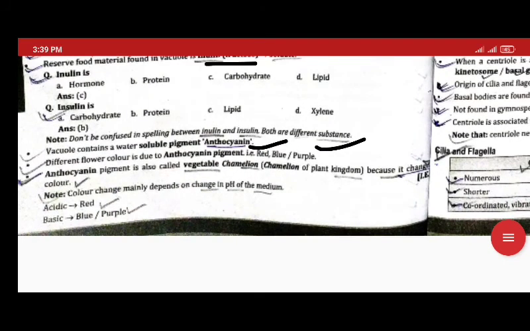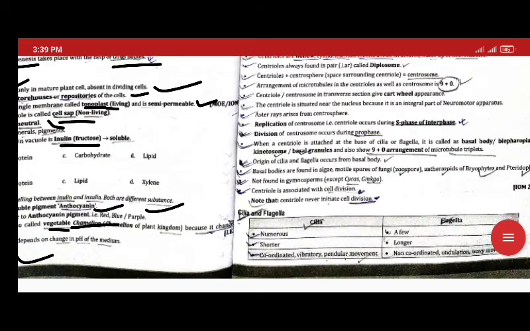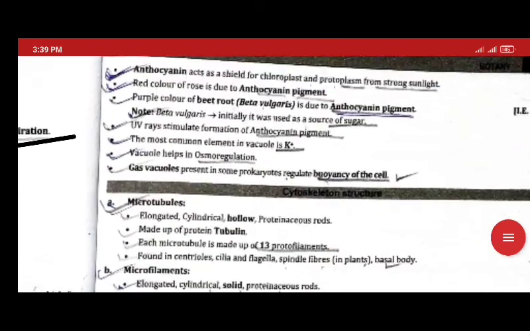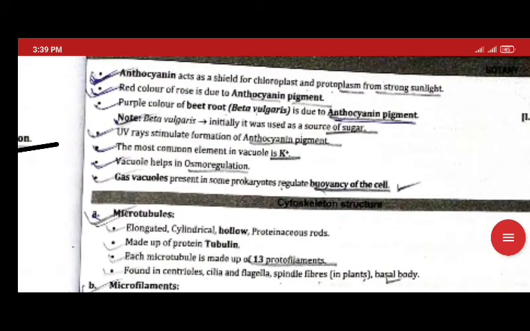Anthocyanin is called the vegetable chameleon, meaning it changes color with the environment: red in acidic, blue or purple in basic. It also shields against strong sunlight. A red rose is red due to anthocyanin, and purple color also is due to anthocyanin. The most abundant element present is potassium.